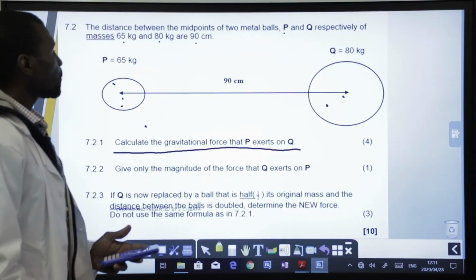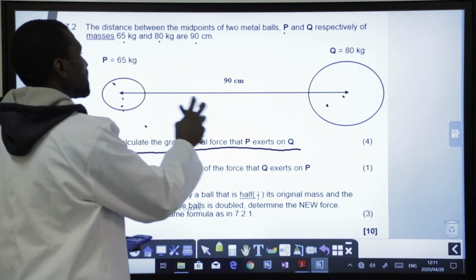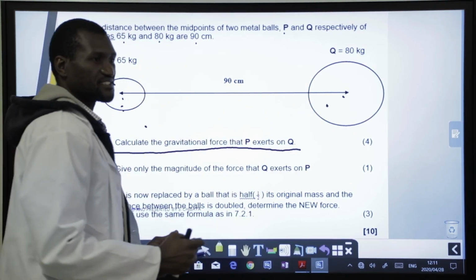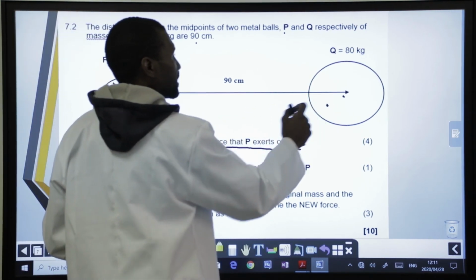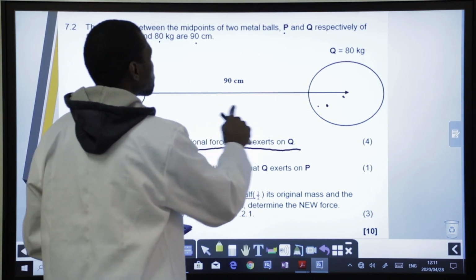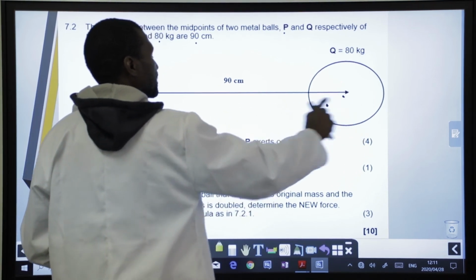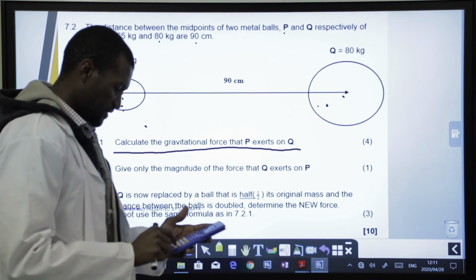Okay? Which one do you think will attract the other? The one with the bigger mass or the one with the smaller mass? Obviously, the one with the bigger mass will attract the one with the smaller mass. So our attraction is going to be towards the right side. So let's finish up the calculation there.